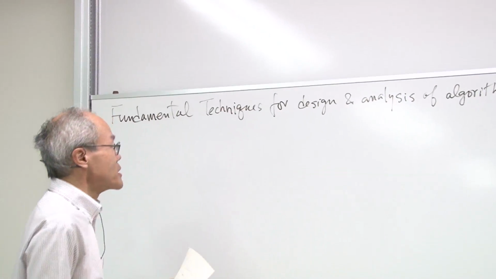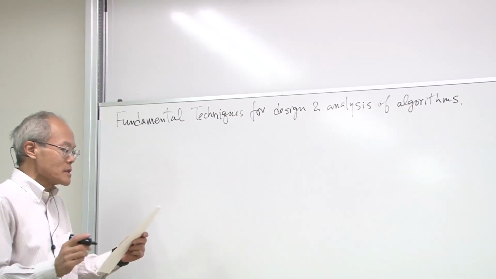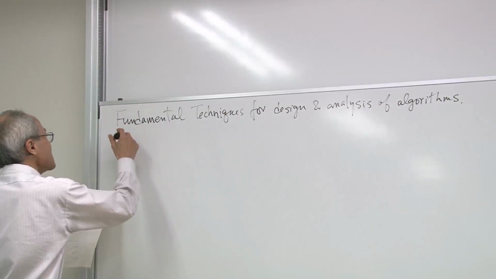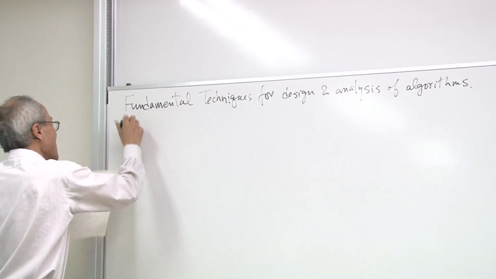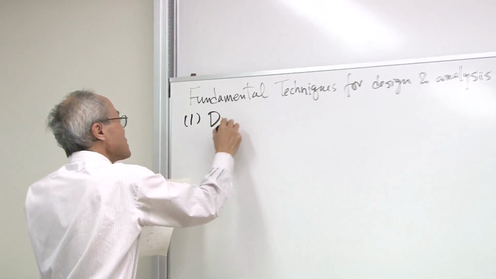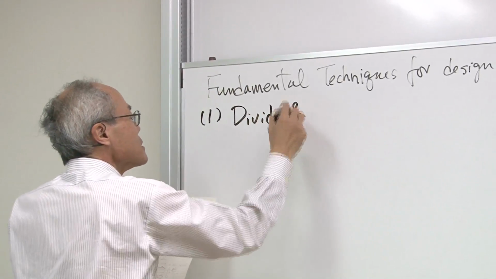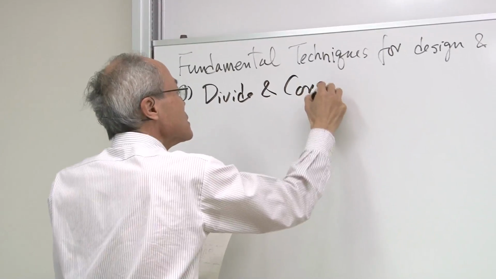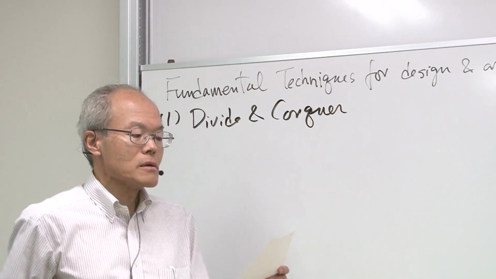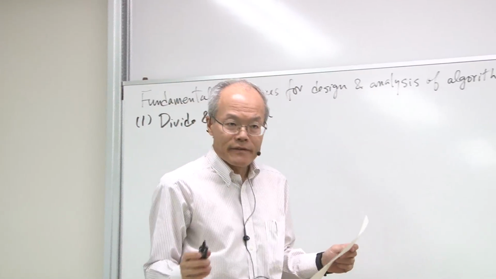So, fundamental techniques for design and analysis of algorithms. What we already did, number one, is divide and conquer. The idea is very simple.